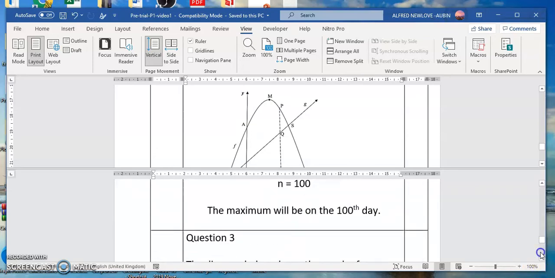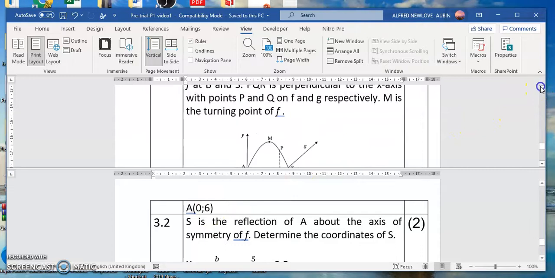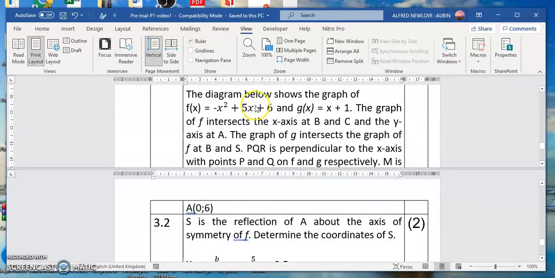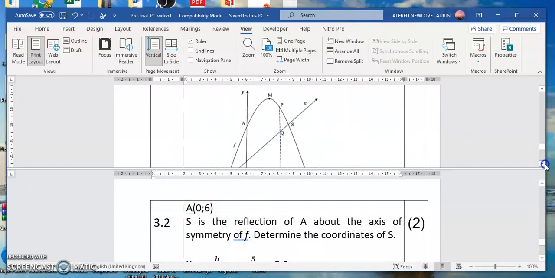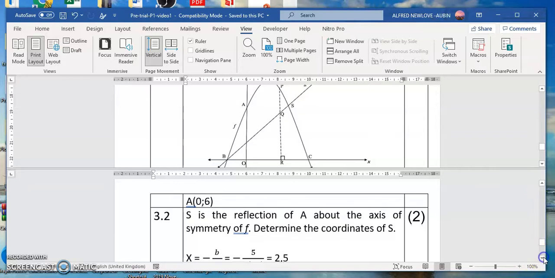So our y-intercept is (0, 6) from here. How do we get it? It's from here. This is the 6 for y. And remember, for the y-intercept, x is equal to 0 on the graph. So here x is what? 0.